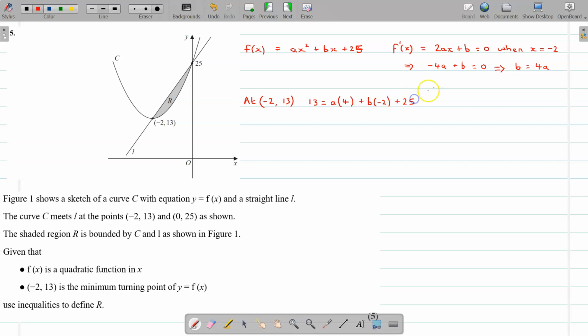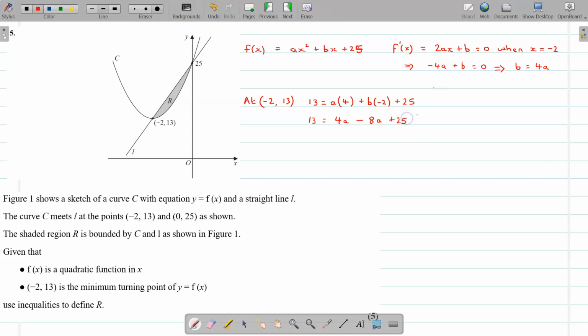But I know that b is the same as 4a, so I can say that 13 equals 4a minus 8a, because I'm replacing this b here with 4a, plus 25.